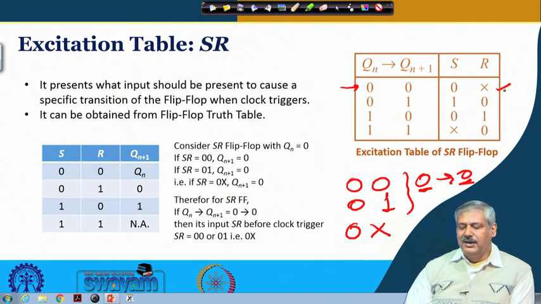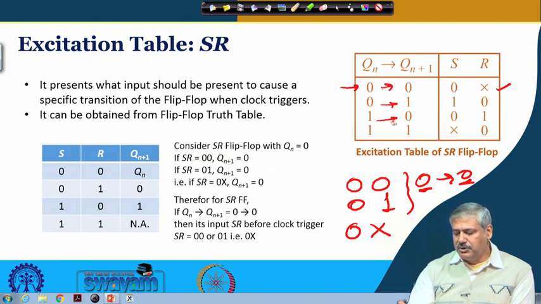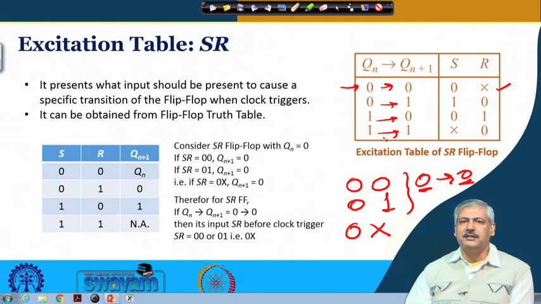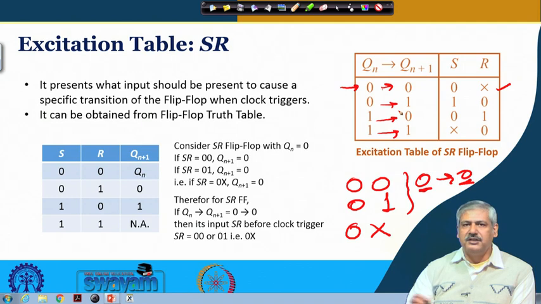Now, what are the different possibilities of this transition? Because it is a 1 bit kind of thing, a flip-flop contains only 1 bit of information. So 0 to 0 is one possibility that we have already explored. The other ones are 0 to 1, 1 to 0 and 1 to 1. In each of these cases, we can figure out if such transition does take place, then what has been the excitation at the SR input.